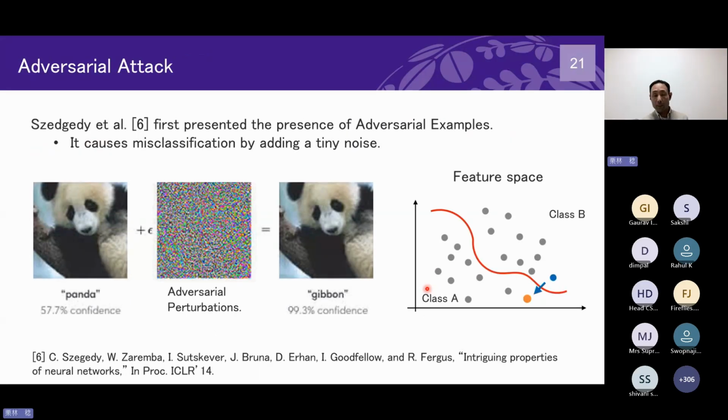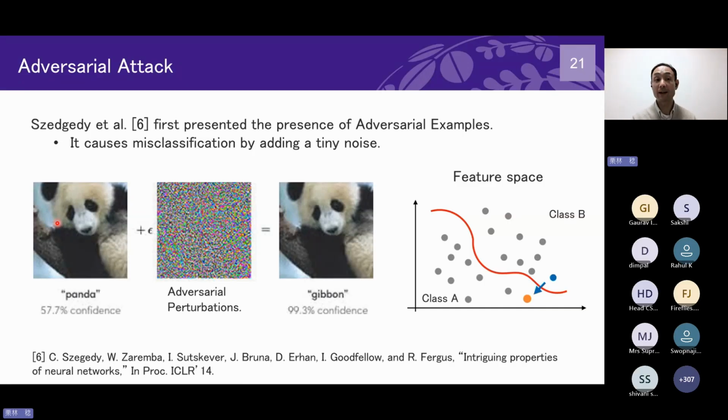One of the approaches to find the samples is to produce them by the adversarial attack. Do you know adversarial attack? It is the creation of tiny noise to cause misclassification in an image classification AI model. So, for example, this is an original image. If this image is input to the AI model, then it outputs panda.